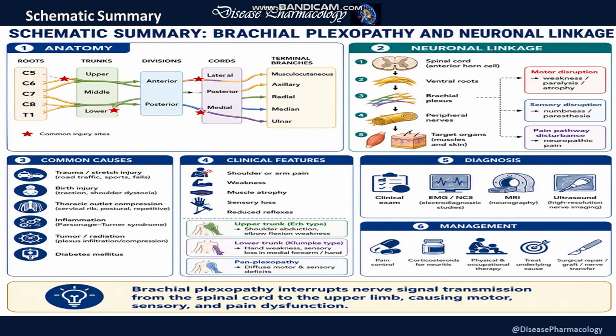Common causes: trauma, birth injury, thoracic outlet, inflammation, tumor, diabetes. Clinical features: shoulder and arm weakness, muscle atrophy, and these are the diagnostic patterns. Investigations: EMG, MRI, and ultrasound. The treatment or management involves pain control through corticosteroids and NSAIDs. These are given to the patient.